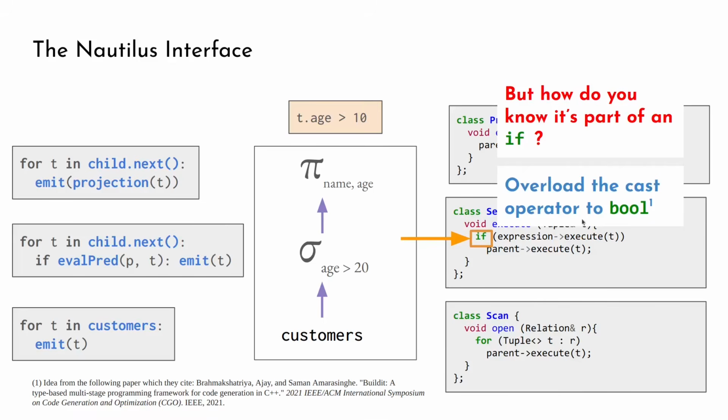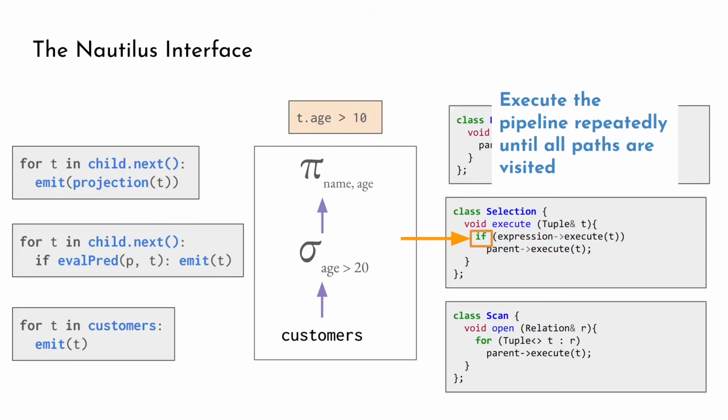If my cast operator to bool is executed, then if I'm in code generation mode, I'm basically going to return none or whatever. It doesn't really matter what you return, because the if is actually going to be executed, right? Again, you can't overload that. The if is going to happen. So you can say you're going to return true or who knows what. But the important thing is that now you know you're inside an if. So instead of just generating this, you're also going to generate a conditional jump.